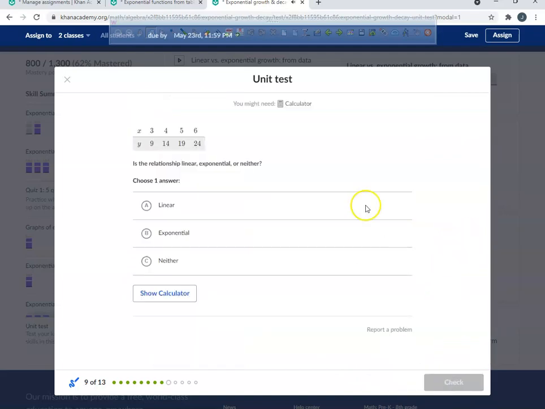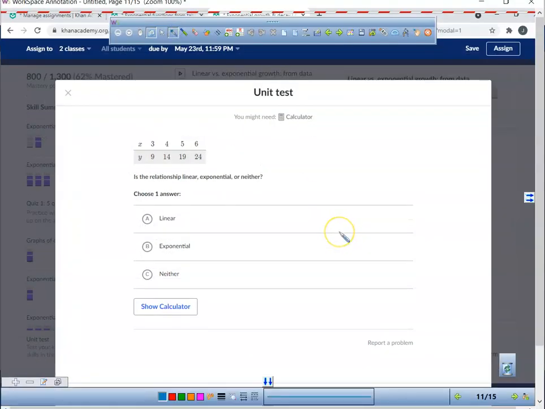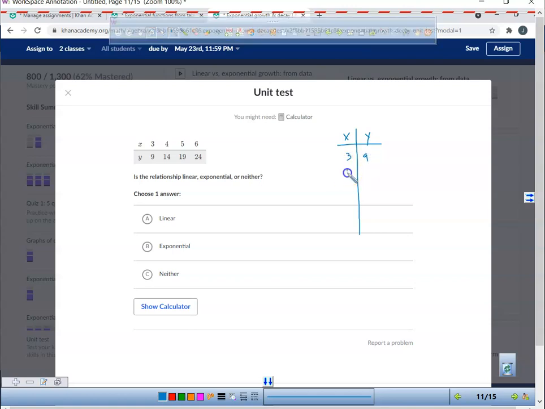All right. So is this linear, exponential, or neither? Well, I like looking at tables this way, so I'm going to look at it this way. 3, 9, 4, 14, 5, 19, 6, 24.